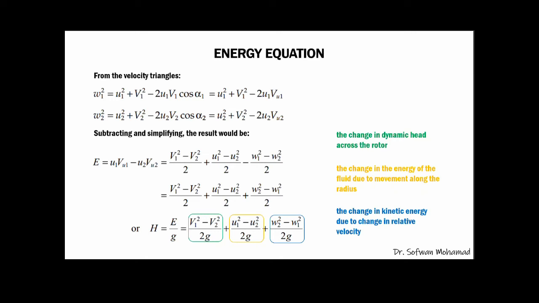The algebraic sum of these three terms, or the sum of the changes in these three terms in kinetic energy, gives the head, the first term, and the static portion of the head depends significantly on the design and varies considerably from one type of turbine to another type.